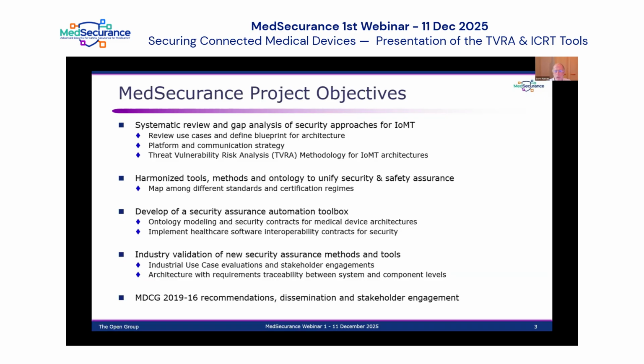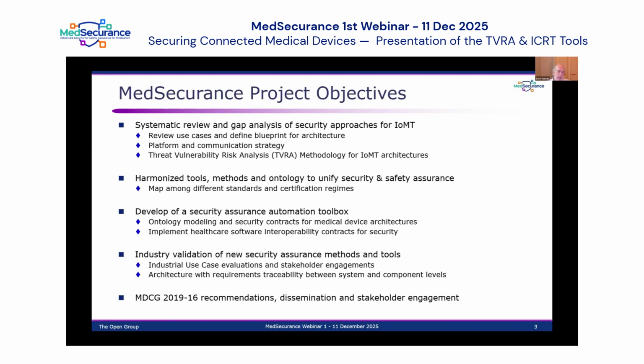We spent most of the work in the project developing harmonized tools and methods and unified security and safety assurance capabilities that allow you to map amongst the different standards and certification regimes depending on the typical devices and where they're being applied.